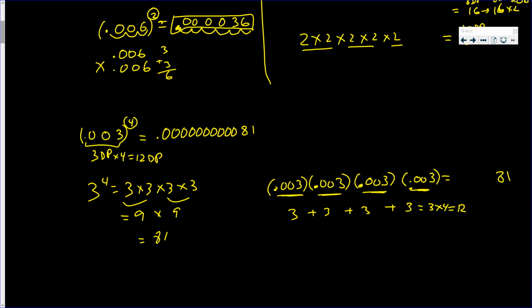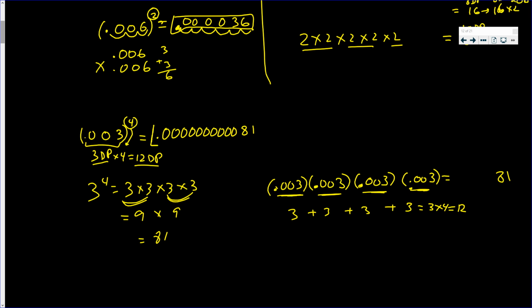That's a 12 decimal place number. And I didn't use a calculator. You don't need a calculator to do 9 times 9. Okay, and it's 3 decimal places times 4.